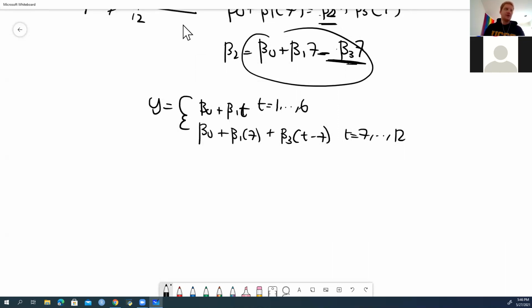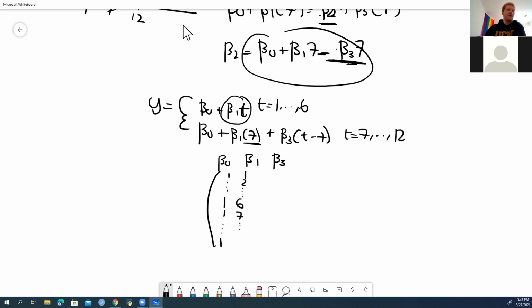But if we look at this, we can just go through each of these. We have a beta naught column, a beta 1 column, and then a beta 3 column. I guess really it's beta 2 now, but whatever. So if you notice for 1 through 6, we have 1s, and then for 7 through 12, we also have 1s. So all of them have beta naught. For beta 1, notice how it's t for this. So it's 1, 2, up through 6. I get to 7, now it's all going to be 7.